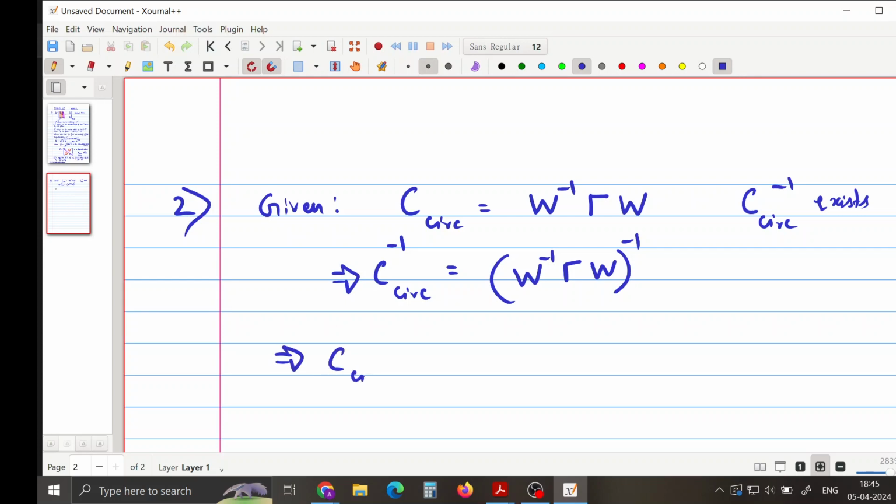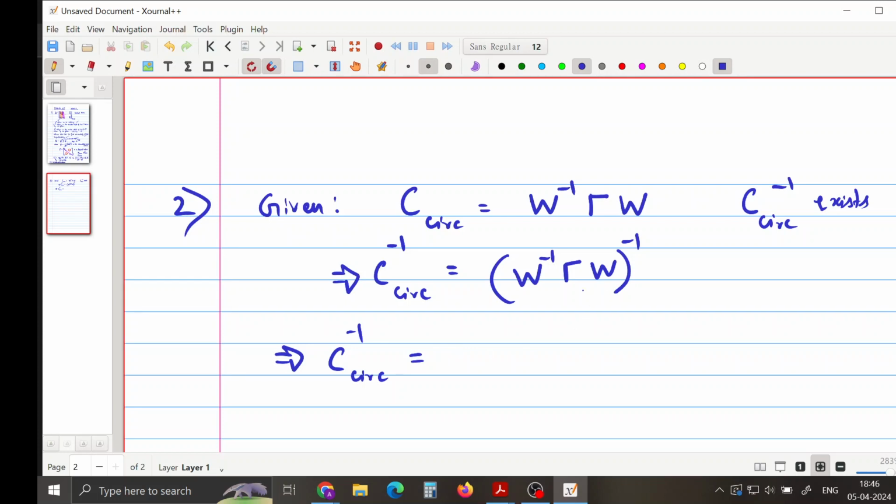And from the property we know that, so this is the LHS. On the RHS, how can we expand this? This is some product of matrices, the whole raised to the power minus 1, or the inverse. So this can be written as follows.